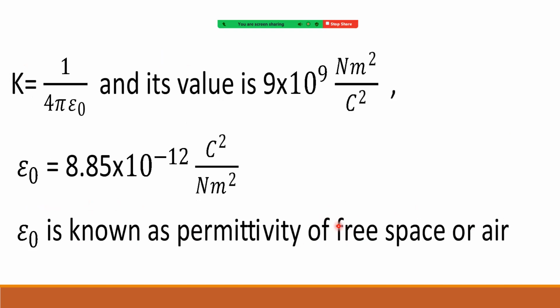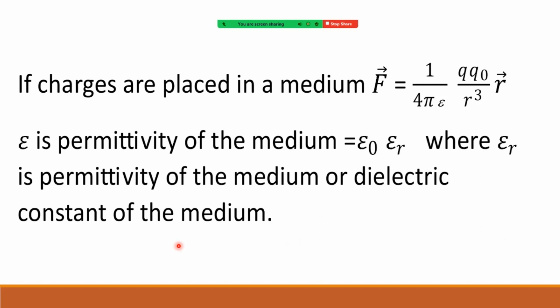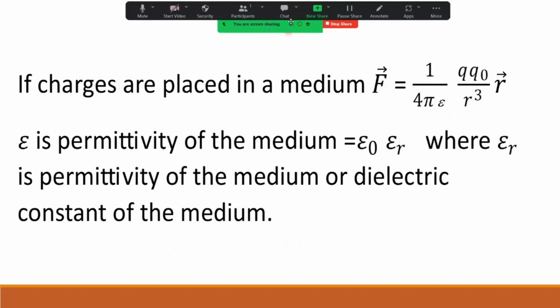Okay, right. And see that K value 9 into 10 power 9 and units and the value of epsilon naught. It is known as the permittivity of free space or air. If charges are placed in a medium, then F bar equals 1 by 4 pi epsilon, right? This is what we have discussed till now. I hope you got clarity.